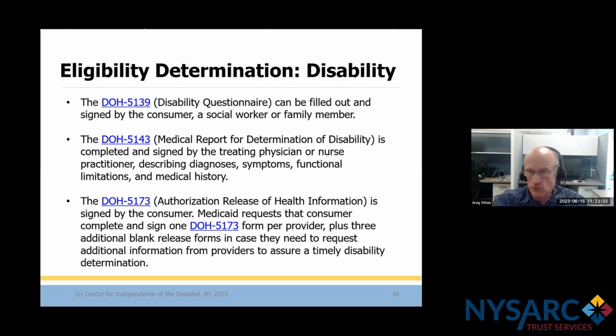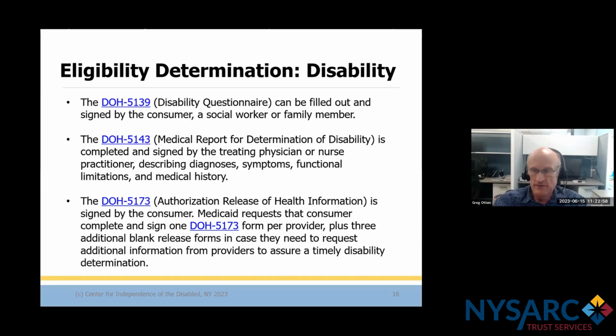Then the doctor forms, medical report for determination of disability, the DOH 5143, that would describe diagnoses, symptoms, medical history, functional limitations. How many hours can somebody sit, walk, stand, squat? Everything that a Social Security disability would, they want to see what you're able to do in the workplace.